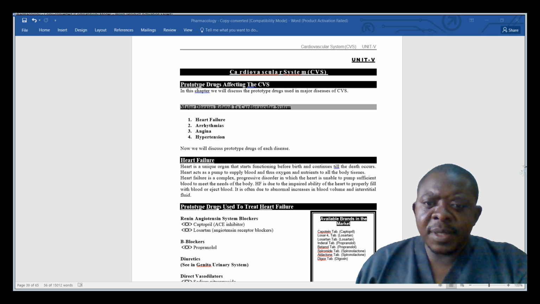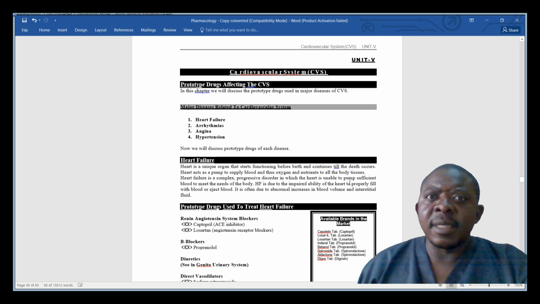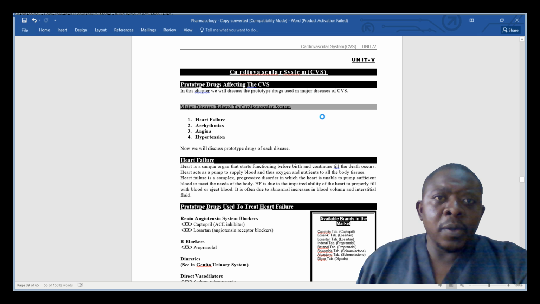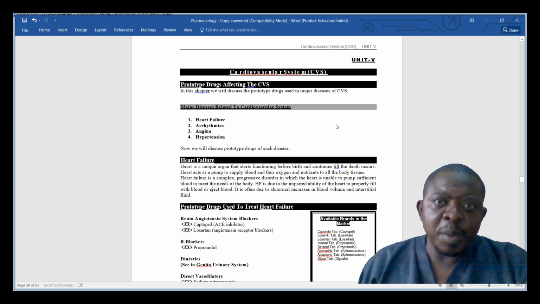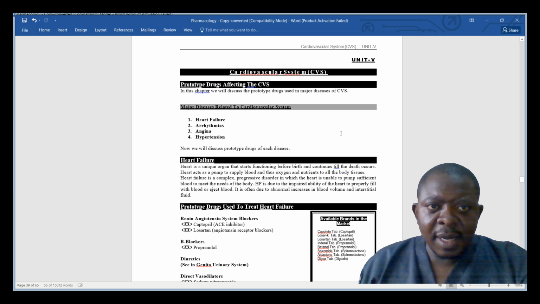Today we continue with our pharmacology lesson where we look at drugs that are used within the cardiovascular system. Prototype drugs affecting the CVS, or the cardiovascular system, come in a range of a lot of drugs, and some of the drugs we might have discussed in our lessons in PowerPoint.